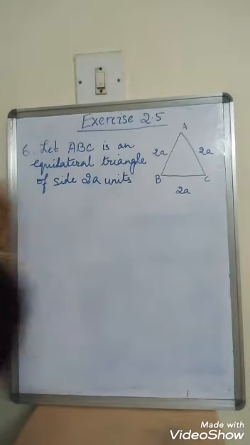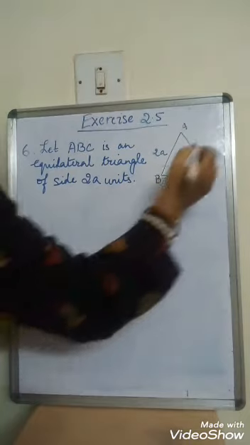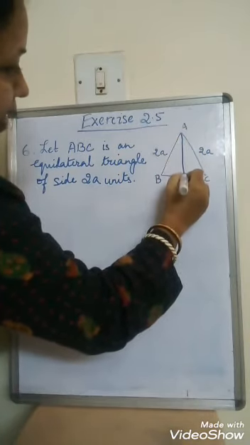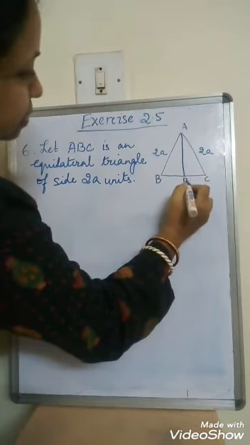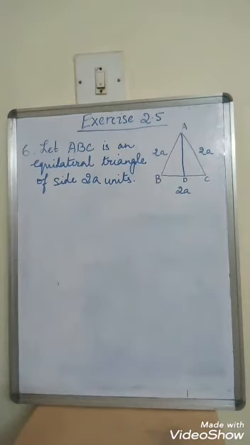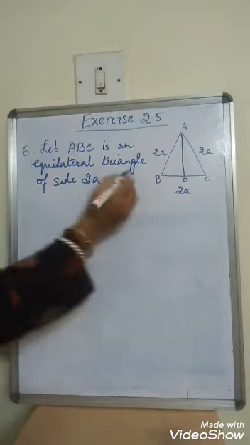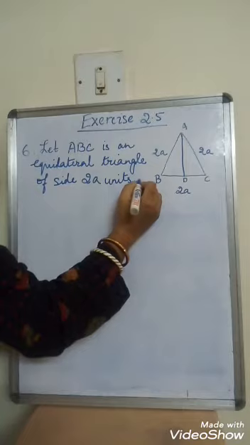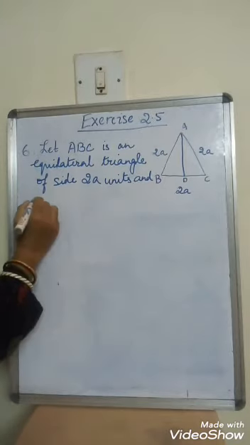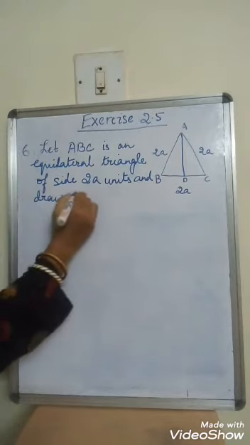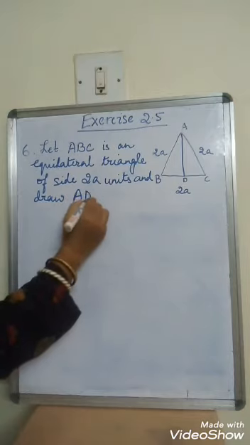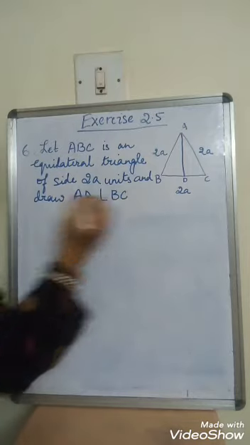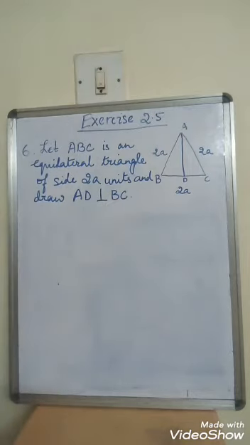Okay, so now we are going to draw a line AD which is perpendicular on BC. Okay, and so we have drawn AD perpendicular on BC, right?